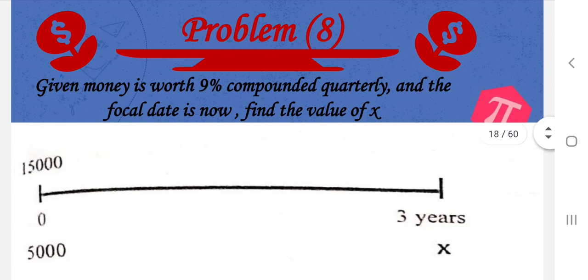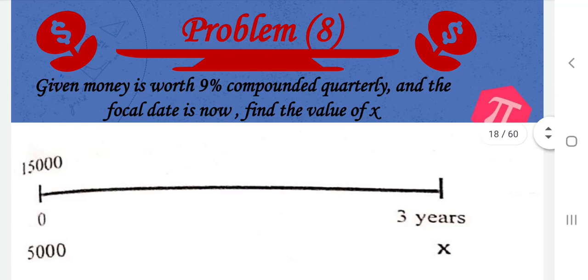Why 12? Because the time between the maturity date for X and now equal 3 years, and the rate here, nominal rate 9% compounded quarterly. So 3 times 4 equal 12.